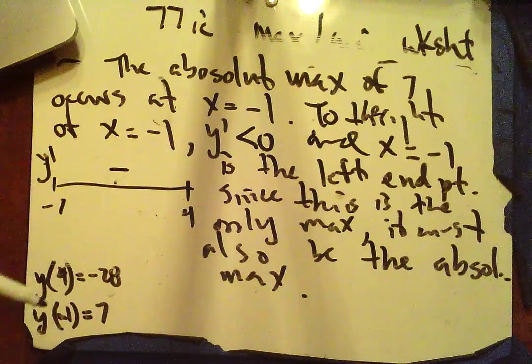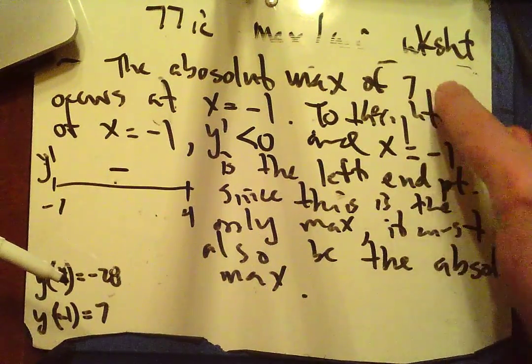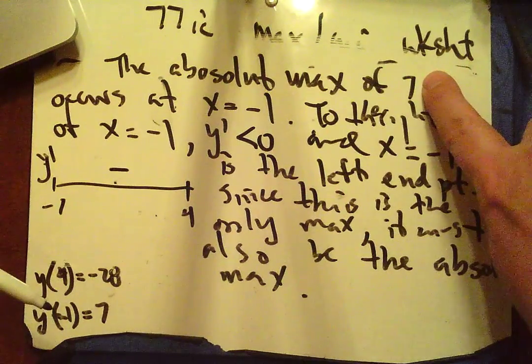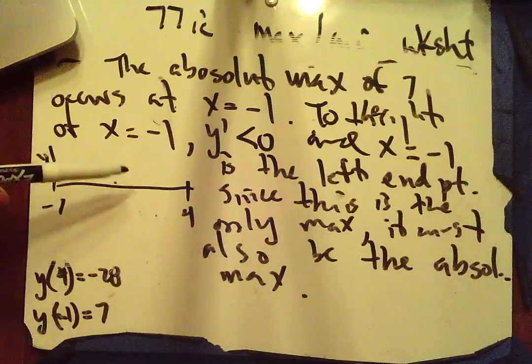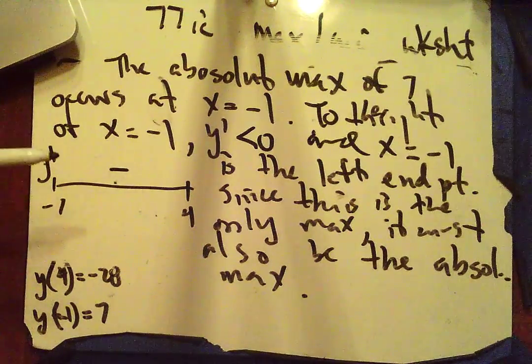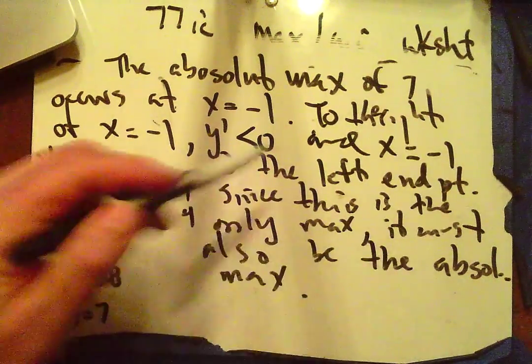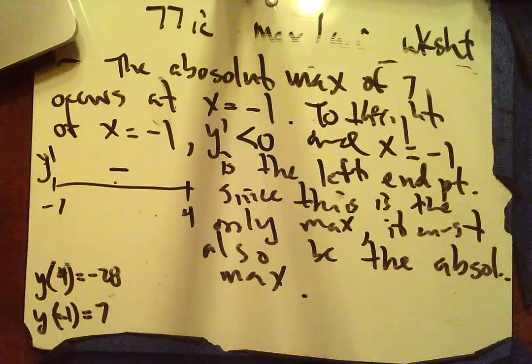Okay, and remember, they asked us here for the value of the maximum, so it's terribly, terribly important to say what the value of the maximum is here. If I just say when it occurs, I'm going to lose the answer point, no matter how many beautiful sentence things I make over here.